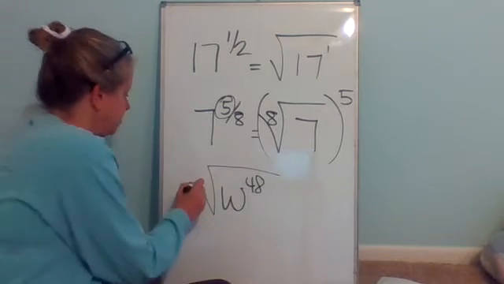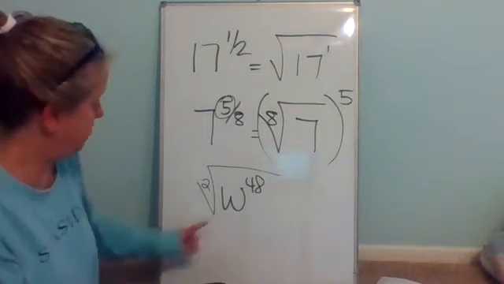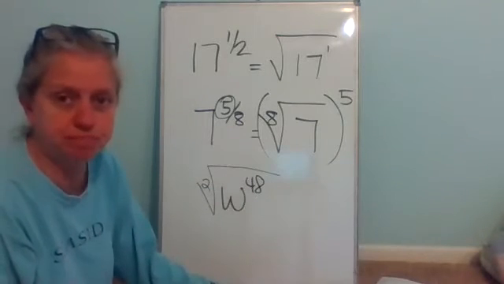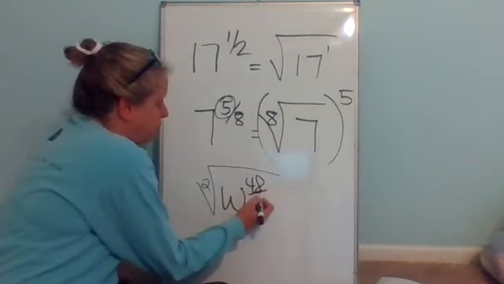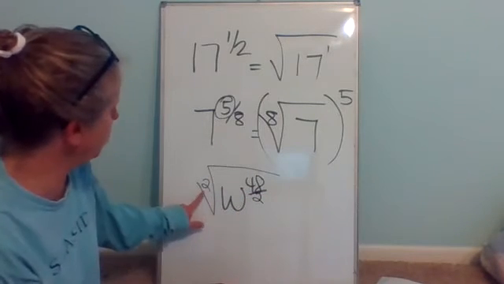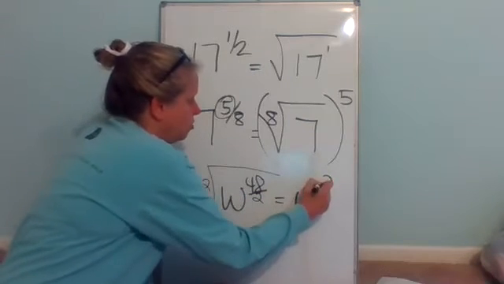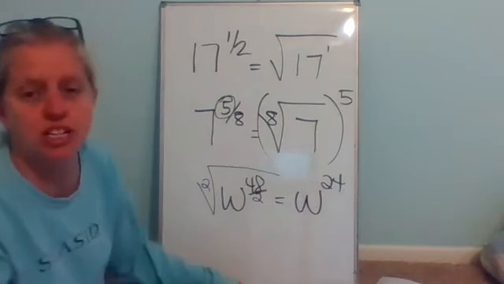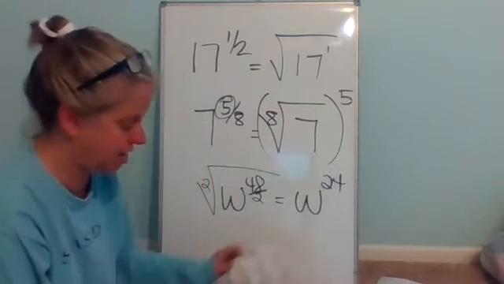Whatever root you're taking, which is the second root when it's a square root, if you're taking that of an exponent, the shortcut is you divide your exponent by whatever root you're taking. So the square root of w to the 48 is w to the 24th. You can just divide your exponent by whatever root you're taking.